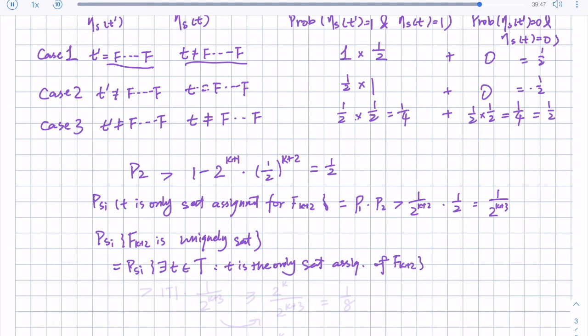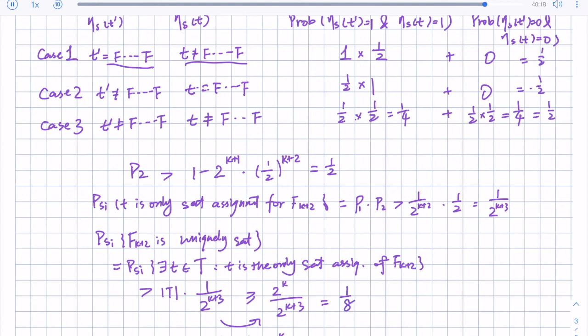So this is greater than the number of satisfying assignments times 1 over 2 to the k plus 3. Which is greater than or equal to 2 to the k over 2 to the k plus 3. Here we're using the fact that D is greater than or equal to 2 to the k. So then this is 1/8.